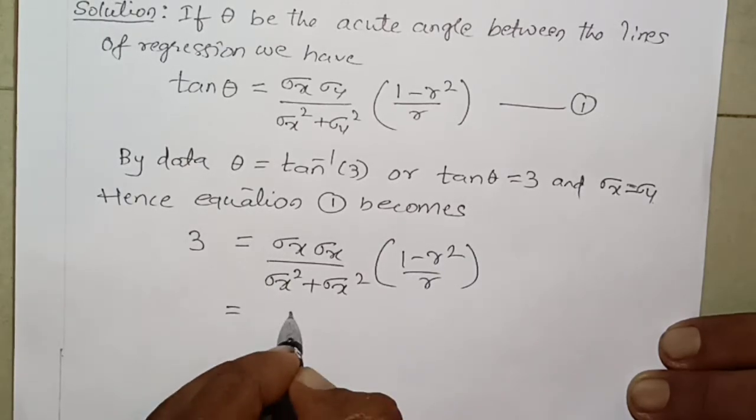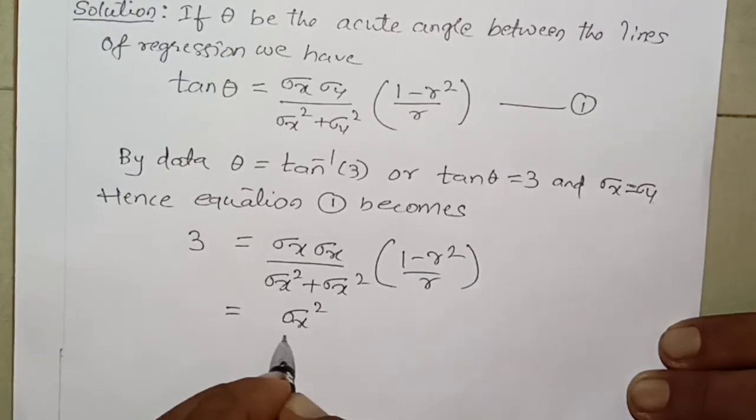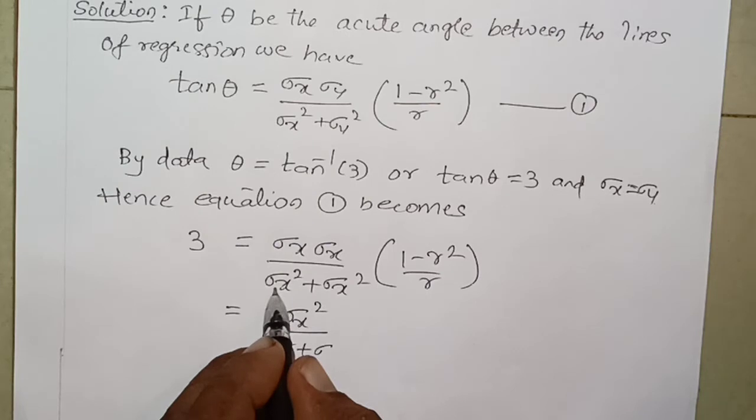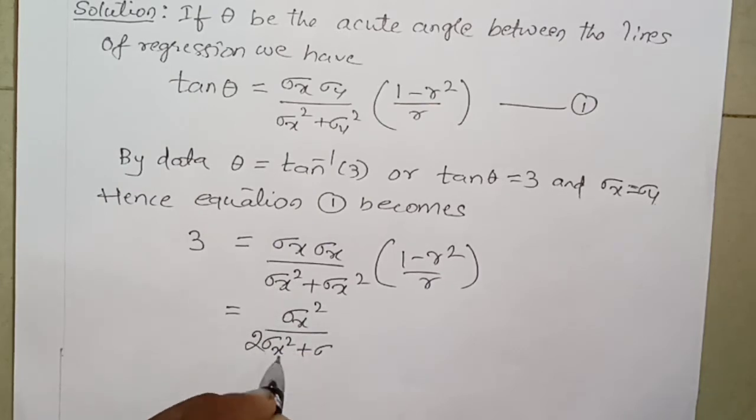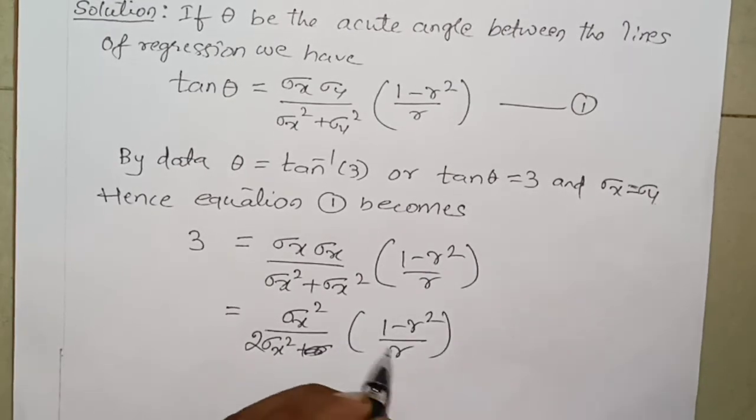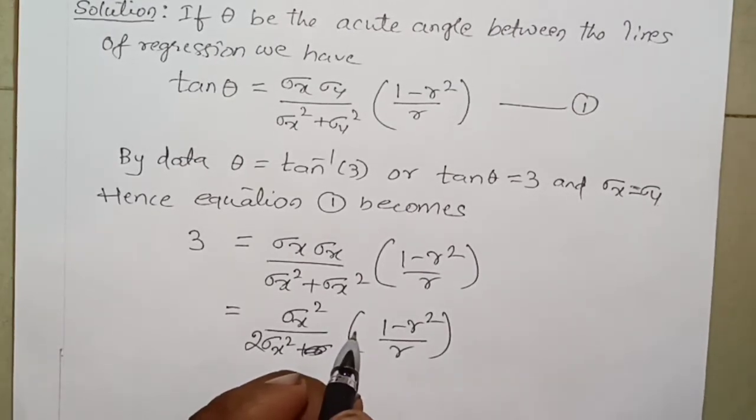So this becomes standard deviation x square divided by 2 into standard deviation of x square in bracket 1 minus r square, divided by r.